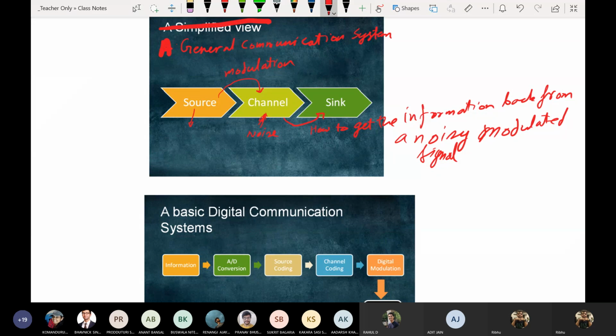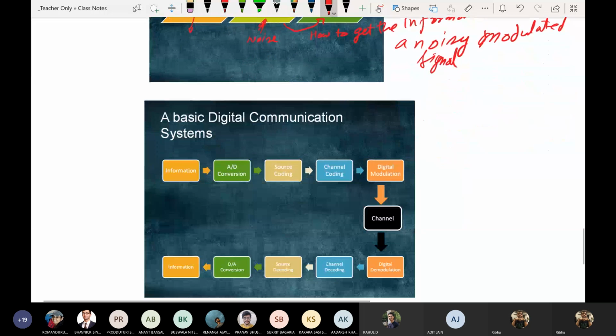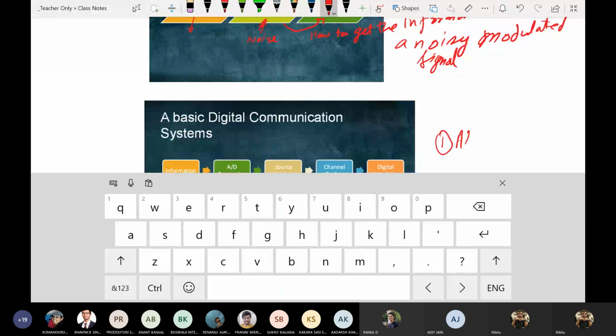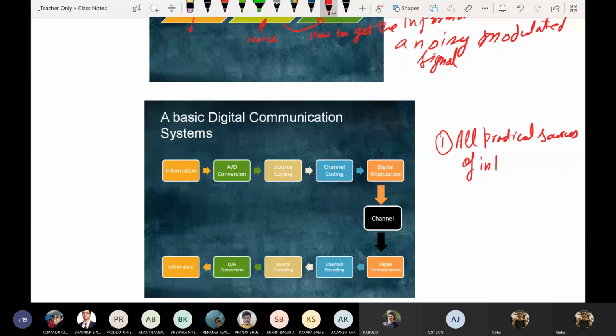So the question is, why? One thing we know is that all practical sources of information are analog. Speech, pictures, video.